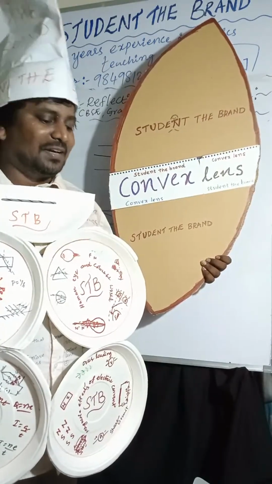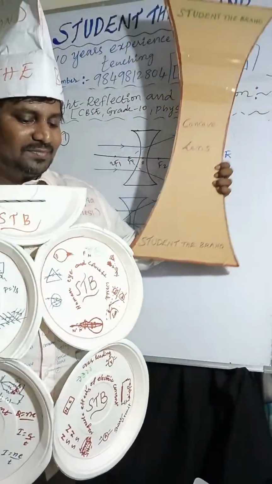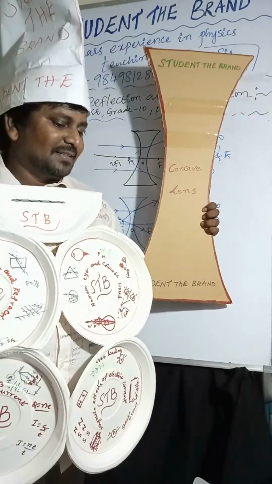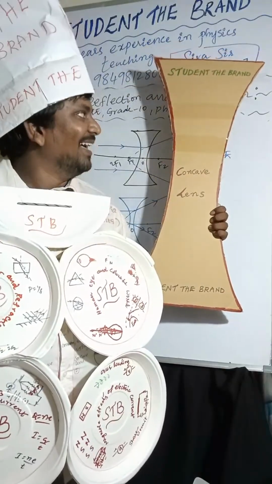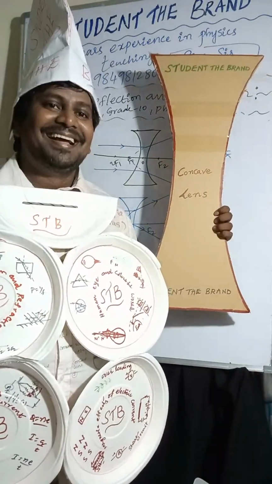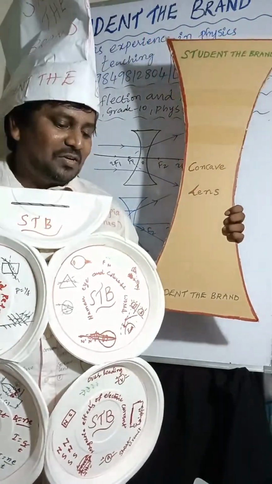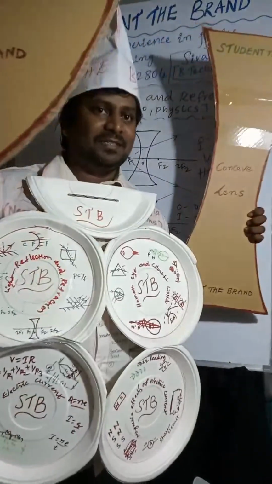Next, concave lens. This is a concave lens. Concave lens and convex lens. I hope it is visible. Just check once.